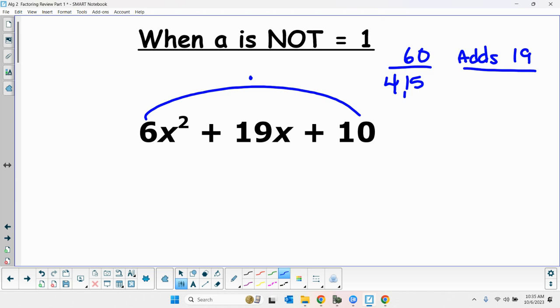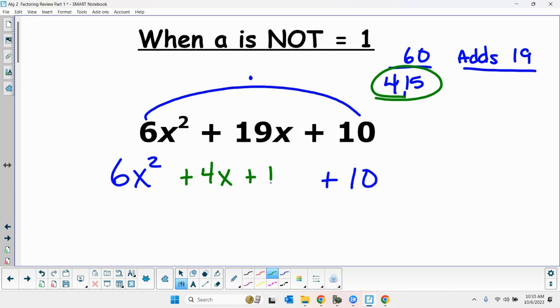You're going to rewrite this problem. The first term, the 6x squared, doesn't change. The 10, the C, doesn't change. What changes is the 19, which you rewrite as plus 4x and plus 15x. Those two numbers that got you 60, you replace the 19 with.